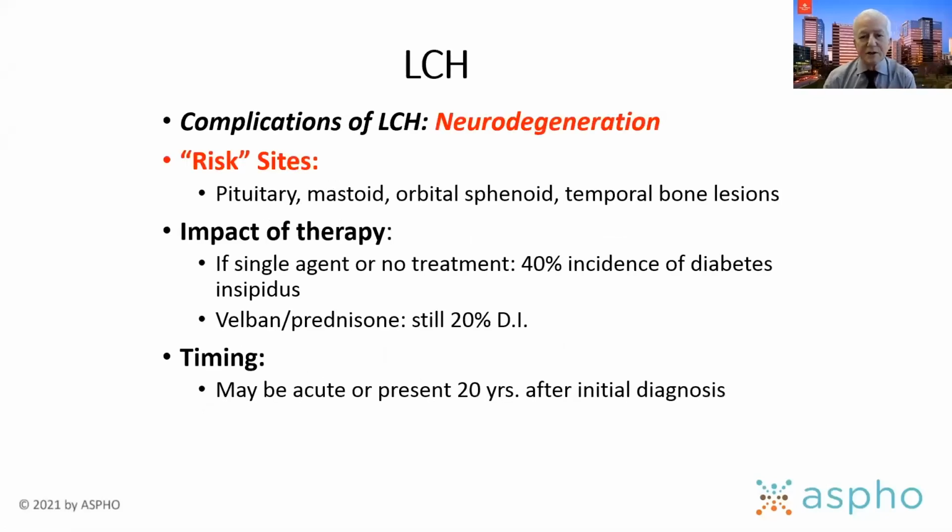So what are the complications of LCH? Well, neurodegeneration is certainly a terrible complication. And as I mentioned, the risk of this is among those patients who have pituitary involvement and the facial bones.